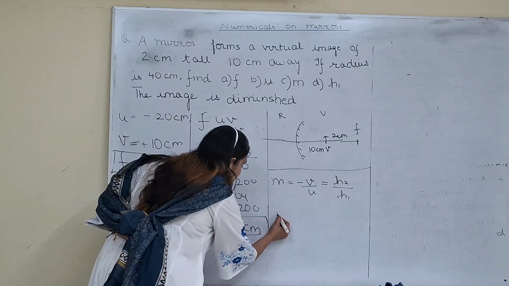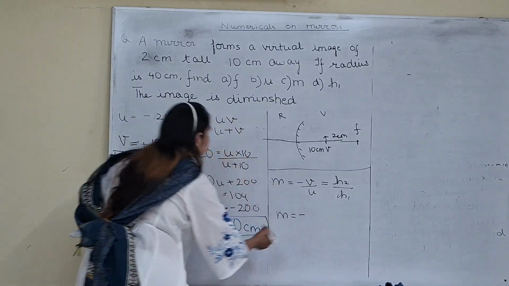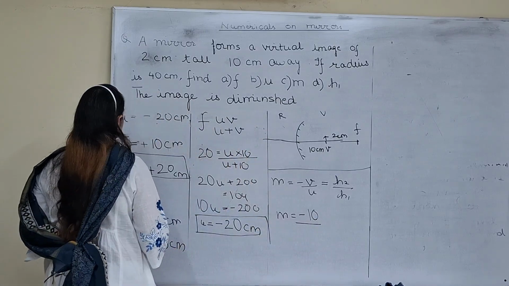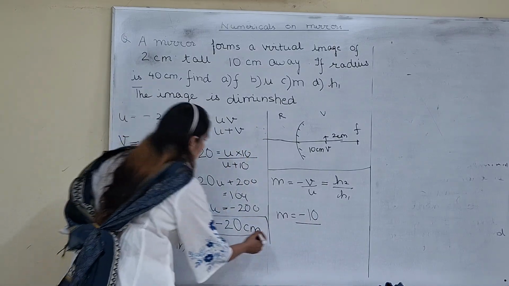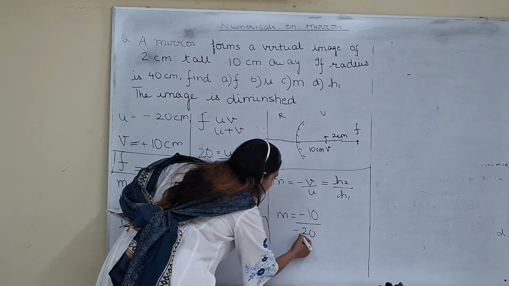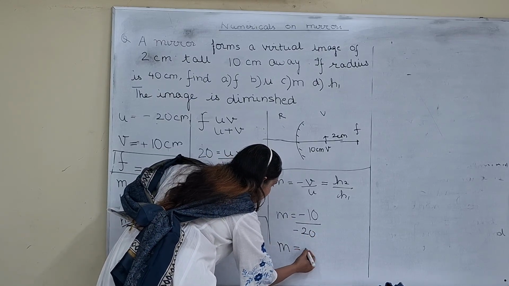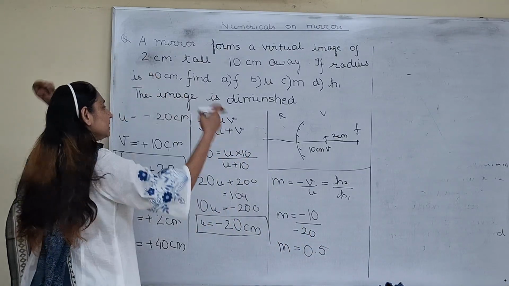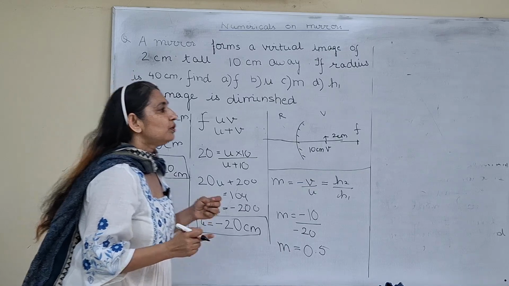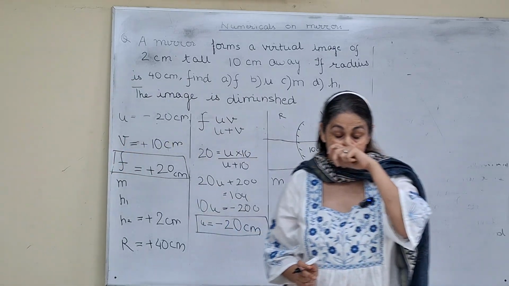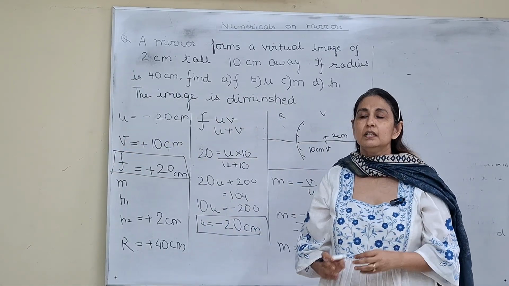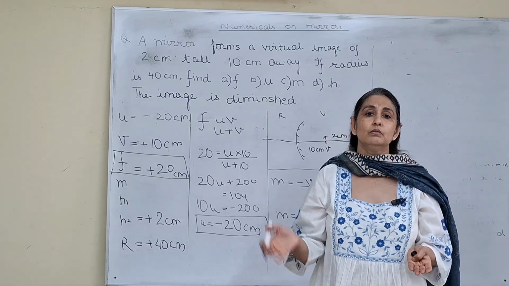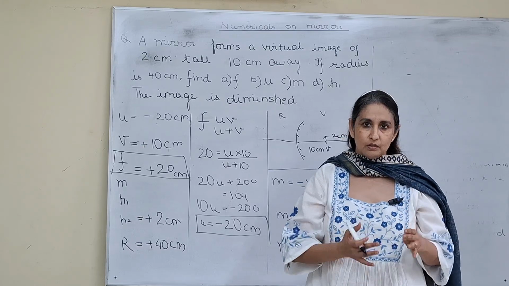So I'll quickly start. M is equal to minus 10 upon minus 20. It becomes magnification is 0.5. Good. Now I think I had written also but forgot to mention, for a convex mirror, the magnification always lies between 0 to positive 1.